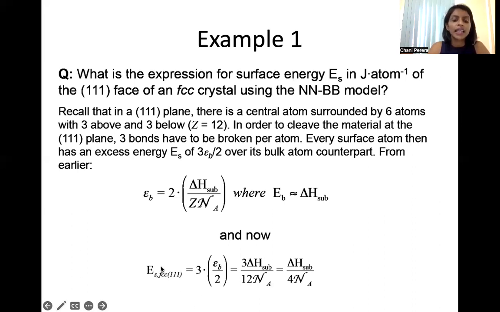We have epsilon_B: you take one atom, and when you cleave it, you are breaking bonds. Likewise, there is a factor of 2, so we have epsilon_B over 2, and likewise there are 3 bonds.